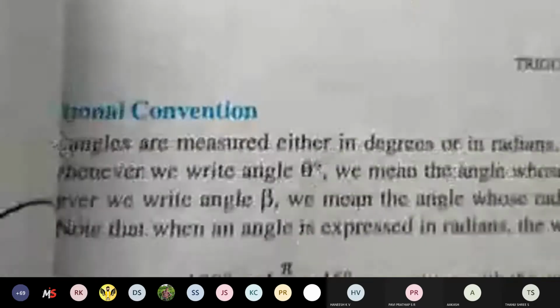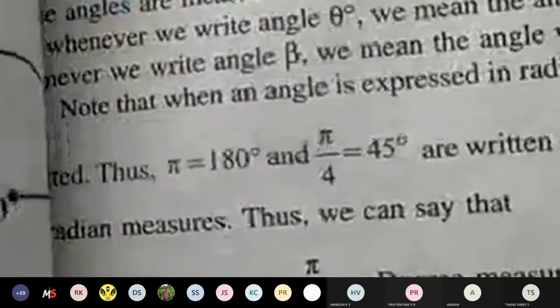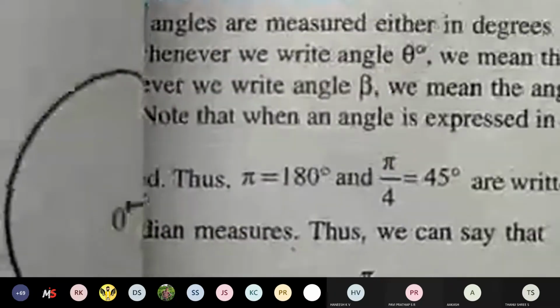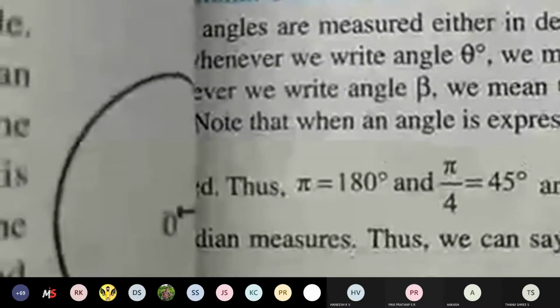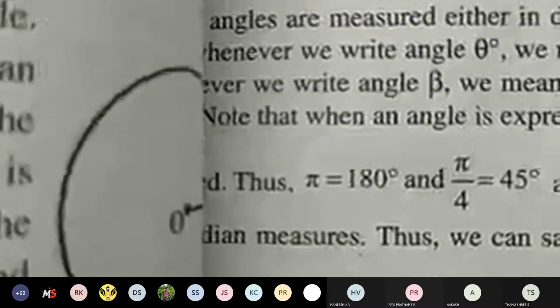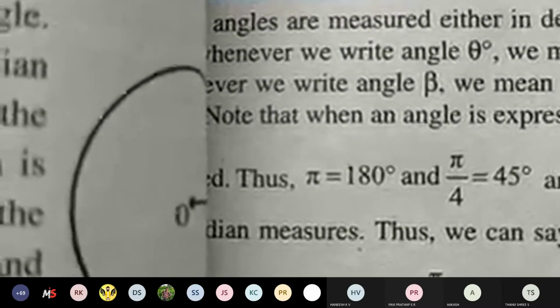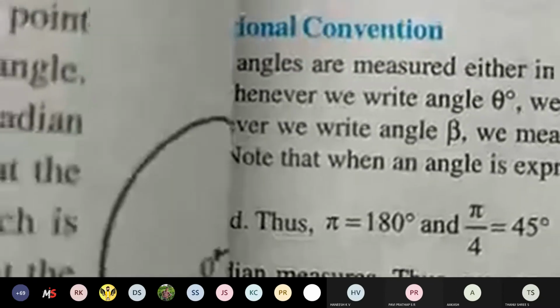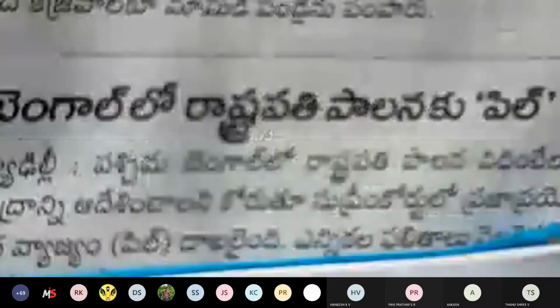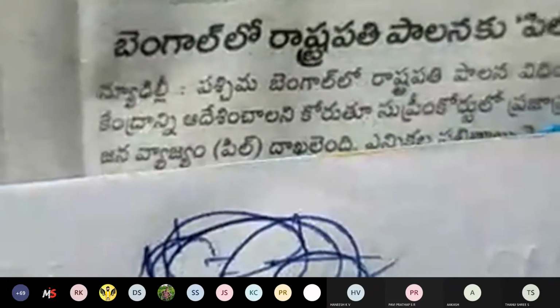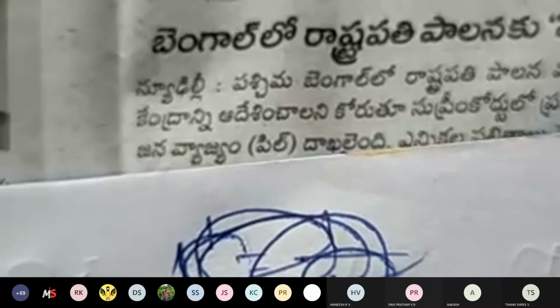So this is the problem. First problem, page number 53. What is the problem, sir? Convert 40 degrees 20 minutes into radian measurement. See, here 1 degree is equal to 60 minutes.